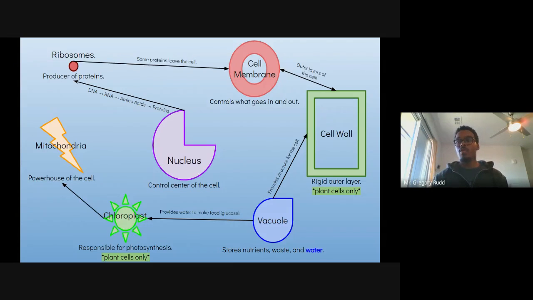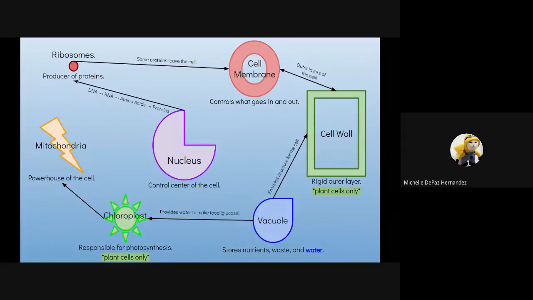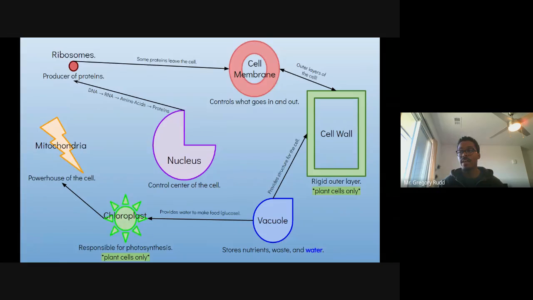What's the relationship between chloroplasts and mitochondria? Mitochondria give the chloroplast energy. Okay, yeah, we can say that the mitochondria give the chloroplast energy, which is true, and if you take higher level biology courses, you'll see exactly what happens in that relationship.